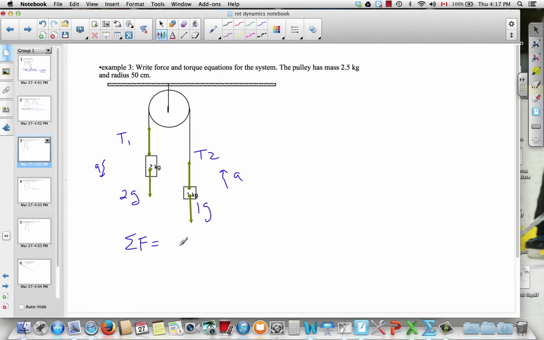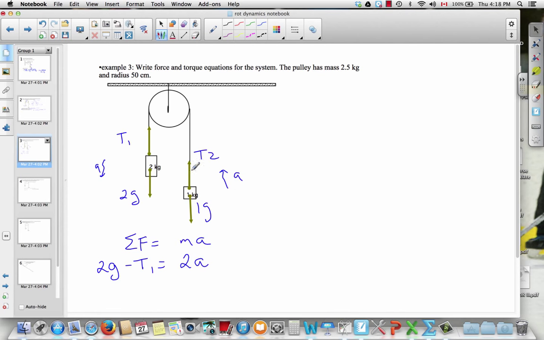So if we write our force equations, net force will equal ma. The net force on this mass, because the acceleration's down, is down. So 2g has got to be bigger than tension 1. So we take the bigger force and subtract the smaller force and set it equal to ma. The mass is 2 kilograms. On this mass, the acceleration's up, so the net force has to be up.